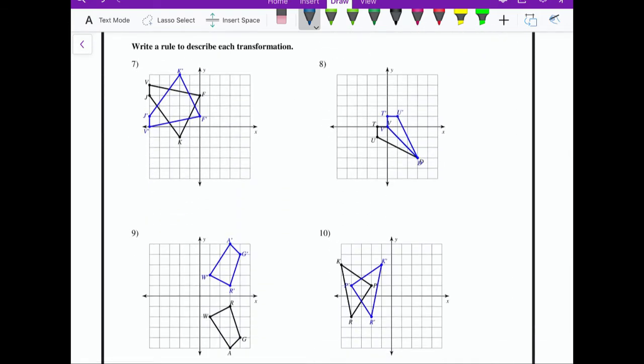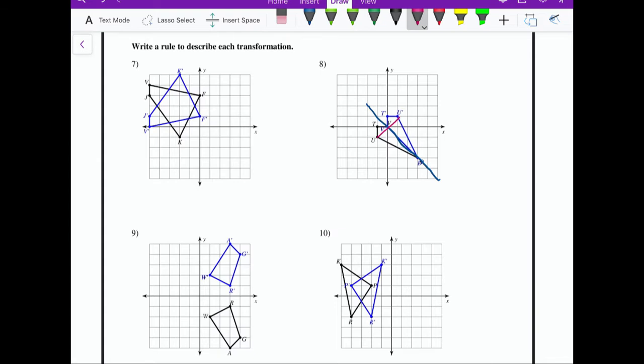Down here, we have to write a rule to describe each transformation. So we need to identify where is the perpendicular bisector of the pre-image and the image. And so looking at number 8, it's kind of obvious because you see that they overlap. And so this must be the line of reflection. And if I were to draw a line or a segment between U and U prime, okay, that's the pink purplish line there.